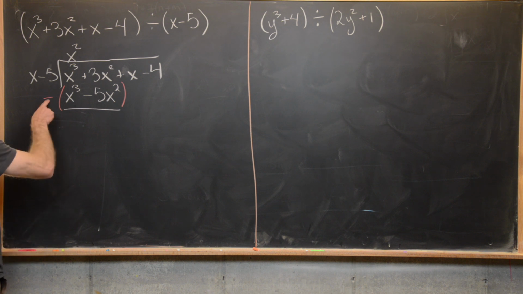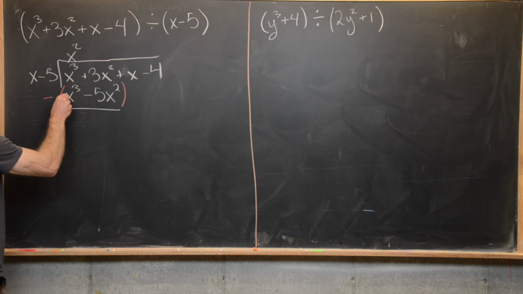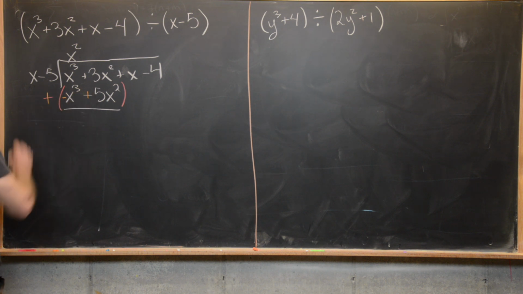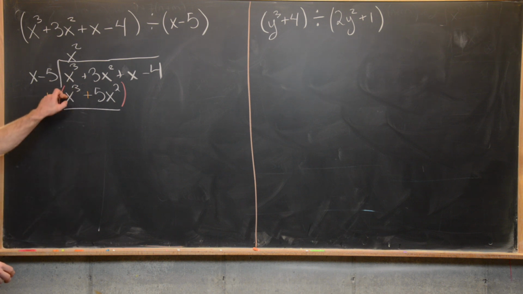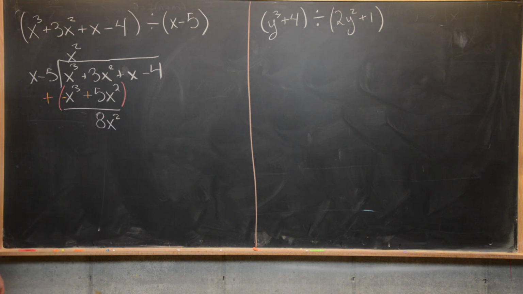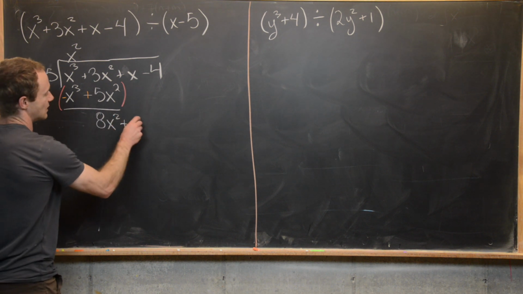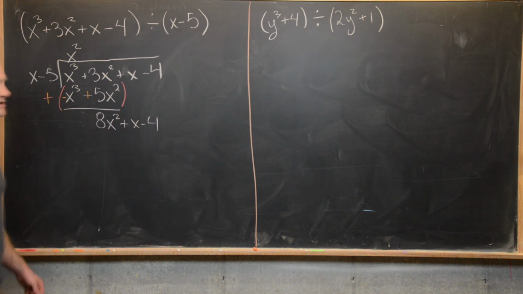As we distribute the minus sign through, that's going to make this a negative and this a positive. So I've changed the sign on all of them. Now I've got x cubed minus x cubed, that cancels. And then we've got 3x squared plus 5x squared, that gives us 8x squared. Then we're going to go ahead and bring this down, and then we'll have something to start the next step.